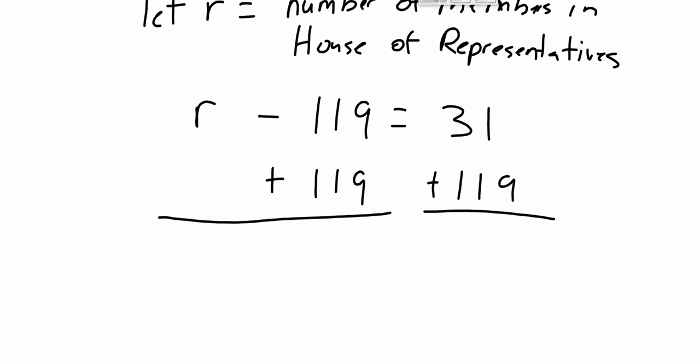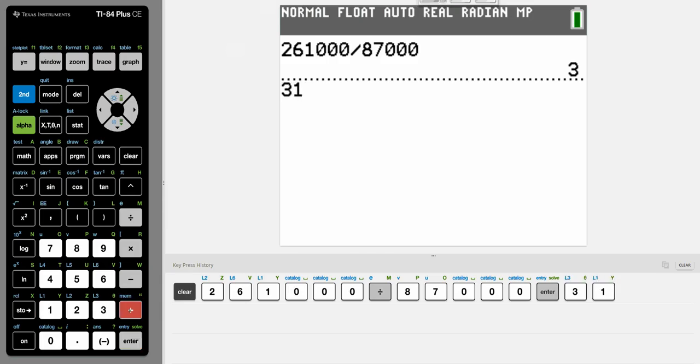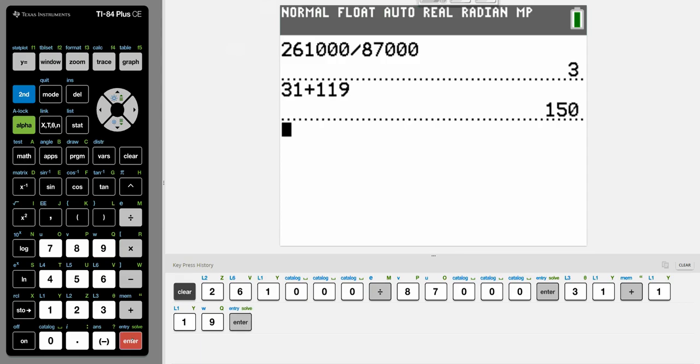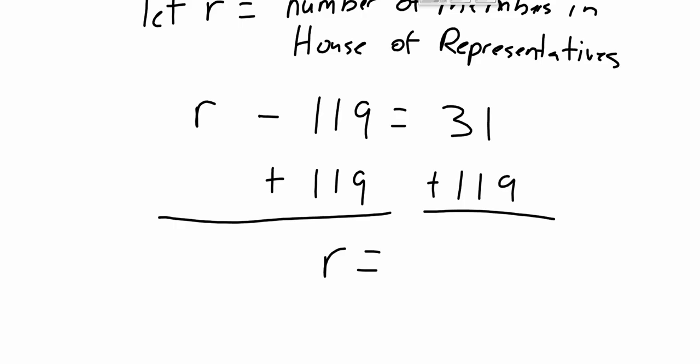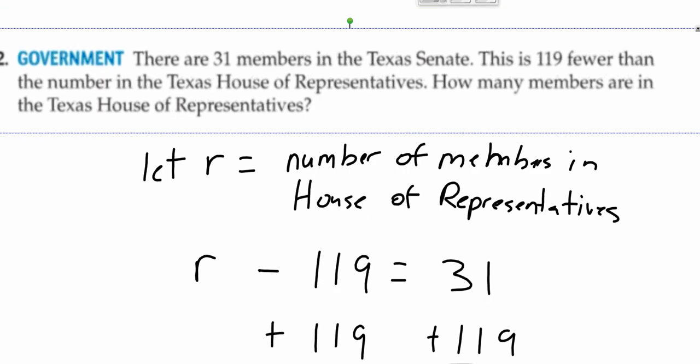Minus 119 plus 119 is 0, so R minus 119 plus 119 simplifies to R. Let's use our calculator. 31 plus 119 gives us 150. So R equals 150. And the answer to the problem, how many members are in the Texas House of Representatives? There are 150 members.